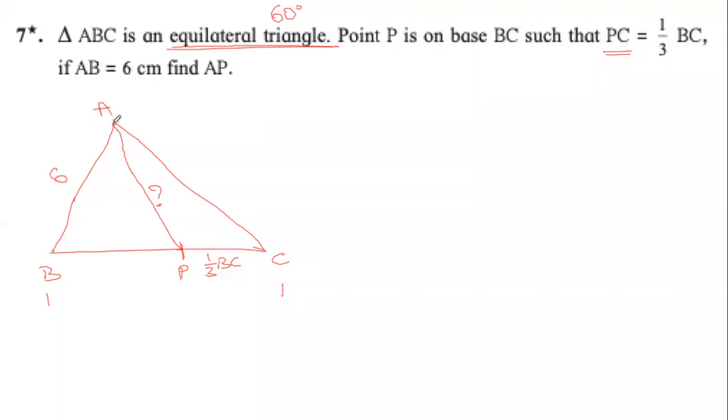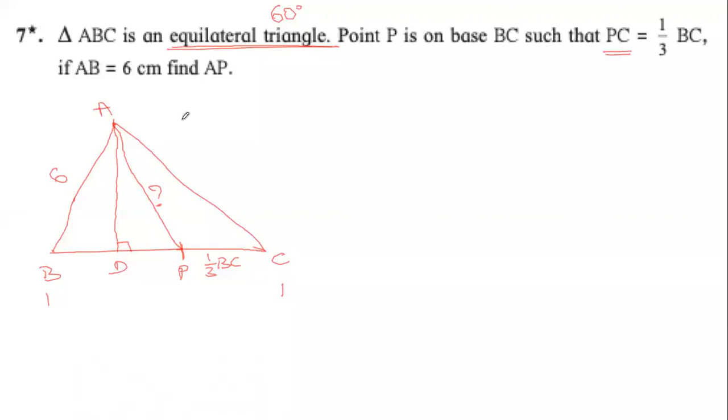Let us draw a perpendicular from A to BC, and suppose it intersects BC at the point D. Now we have right angle triangles, not just one, not just two, but three: right angle triangle ADB, right angle triangle ADP, and right angle triangle ADC.